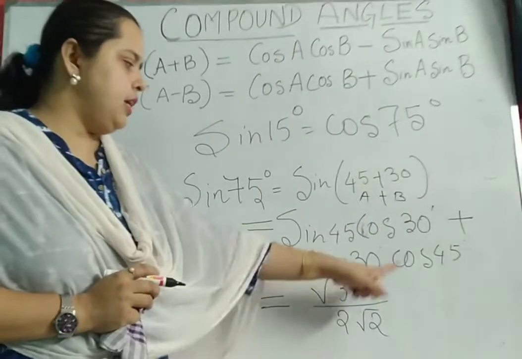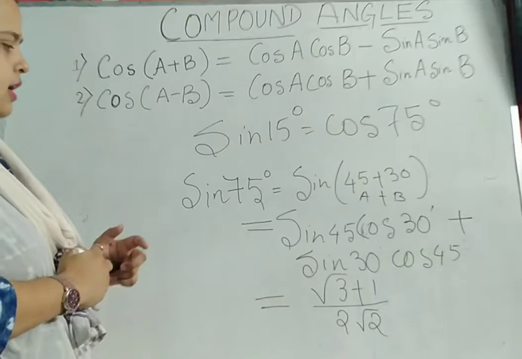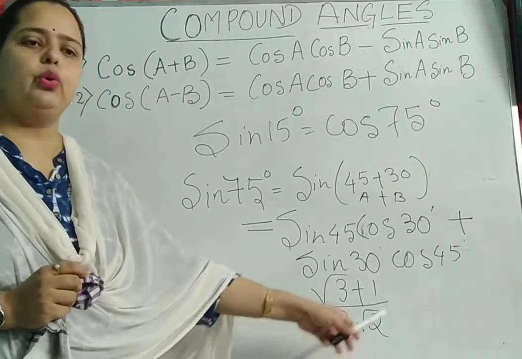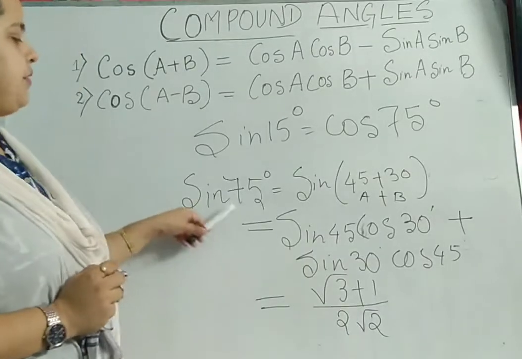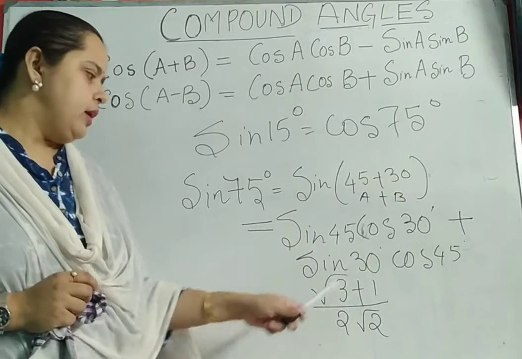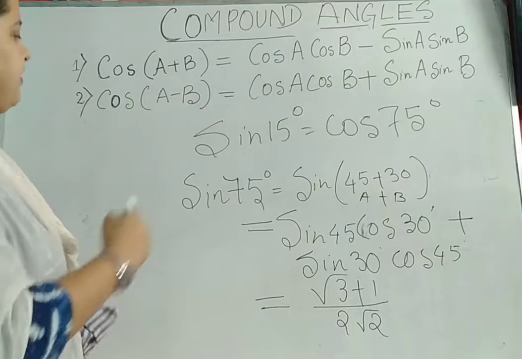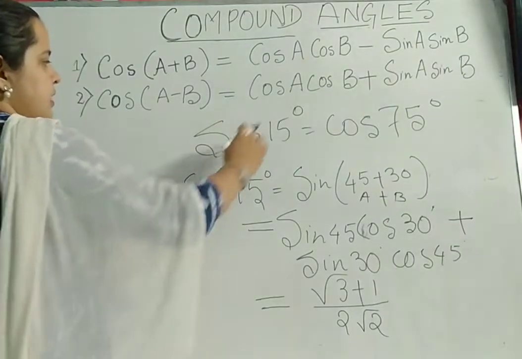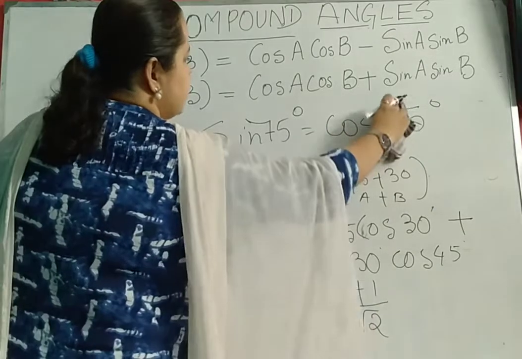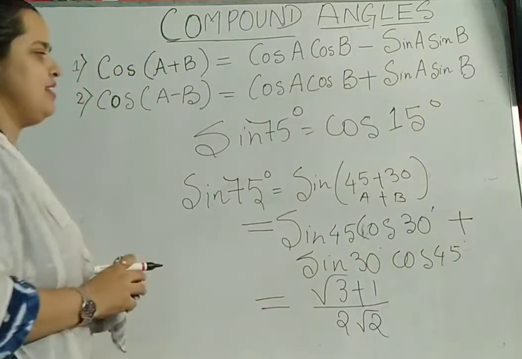So, again the same values are substituted and the new answer comes as root 3 plus 1 by 2 root 2. So, sine 75 degree is root 3 plus 1 by 2 root 2. And when sine 75 is here, we can even write down with the complementary relation, that is cos 15 degree is now in our hand.